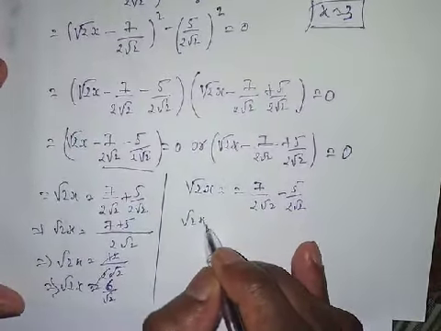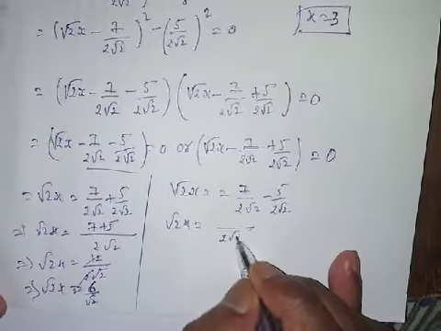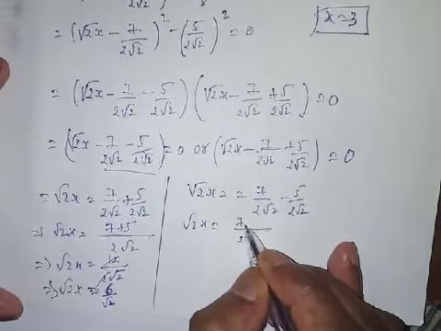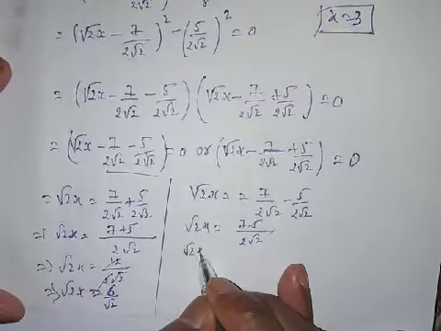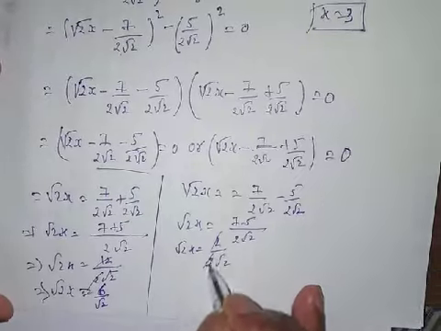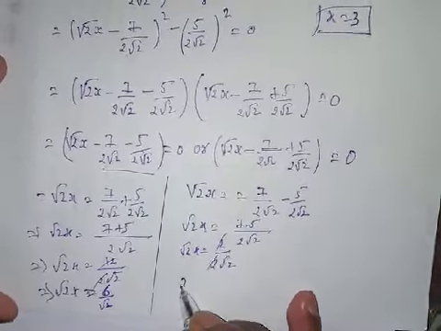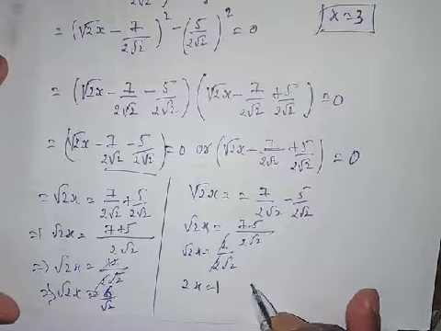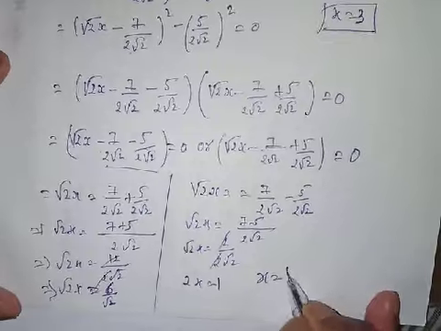So root 2x is equal to, 2 root 2 is the LCM, 7 minus 5. 7 minus 5 is 2, so it is 2 upon 2 root 2. So 2 and 2 will cancel. Root 2 will multiply with root 2, it will become 2. So 2x is equal to 1. So x is equal to 1 by 2.